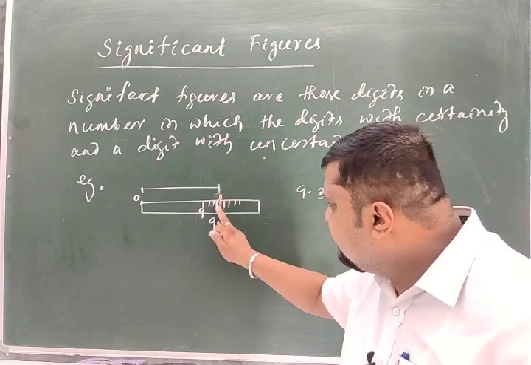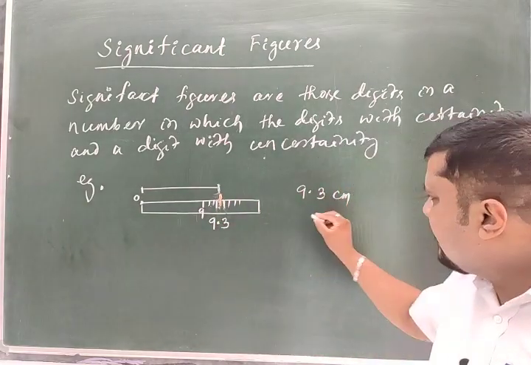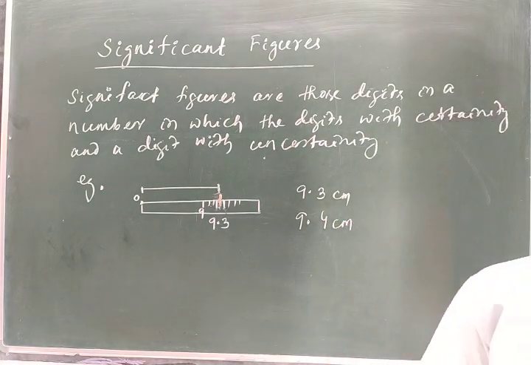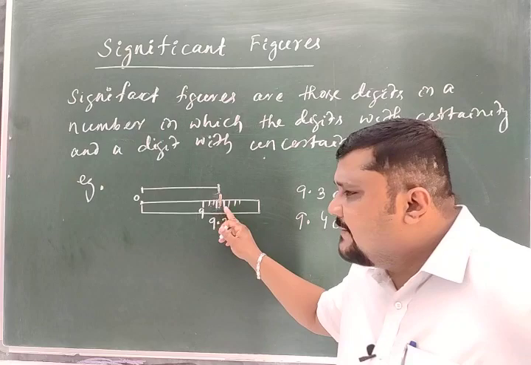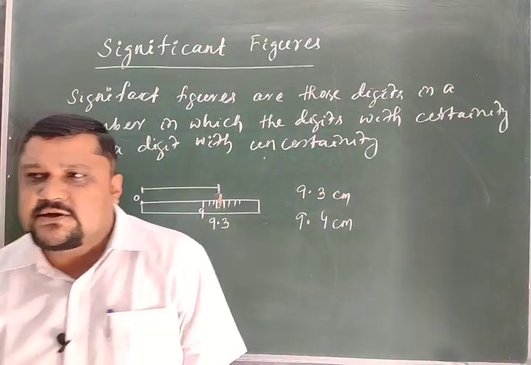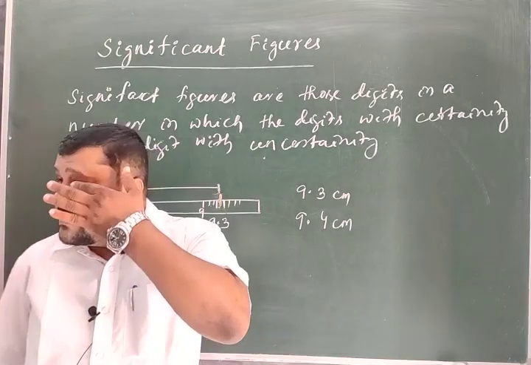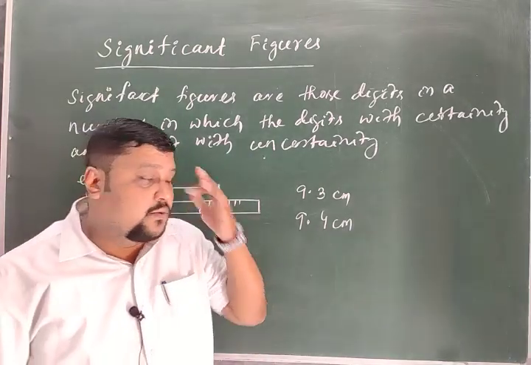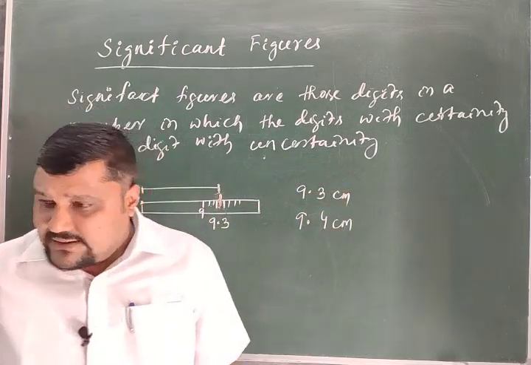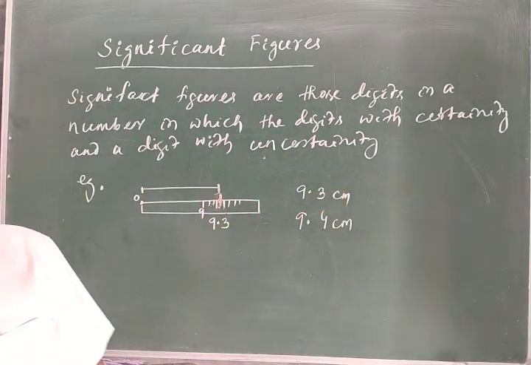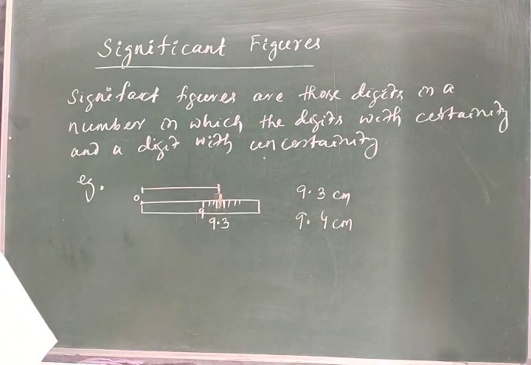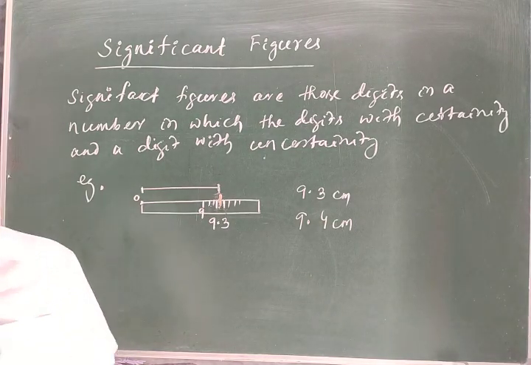If the length is in between this 0.3 and 0.4, one can say that it is 9.4 cm also, because you don't know, because there is no division in between 0.3 and 0.4. Why? Because the least count of the scale is 0.1 centimeter. So according to that, to know the significant figures, and after knowing these significant figures, we will go for the rules to know the significant figures.